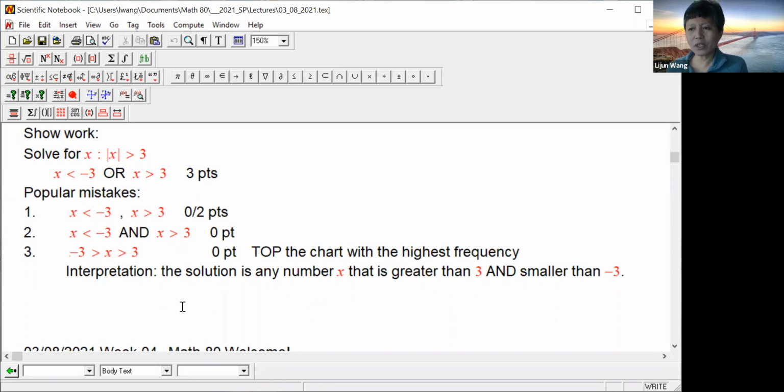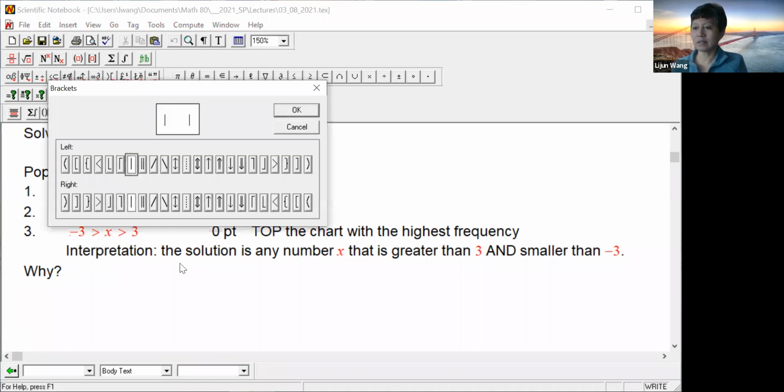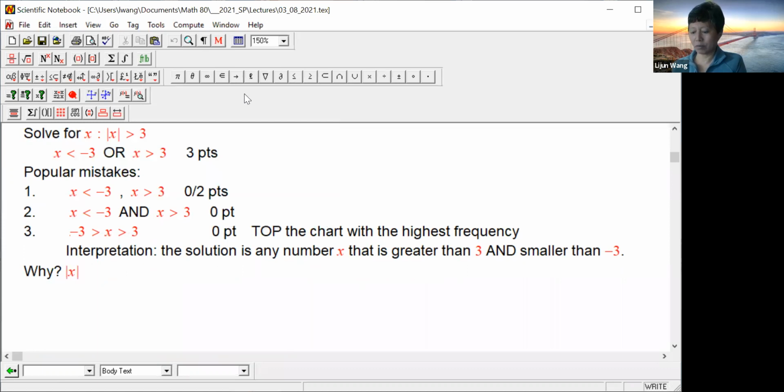Then the question is, why could you do that? Why for solving inequalities of x less than 3, can I write -3 less than x less than 3? Whenever you write it this way, it always meant and. So what is the interpretation here?